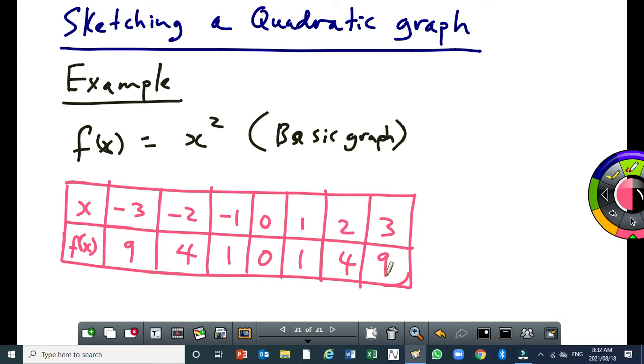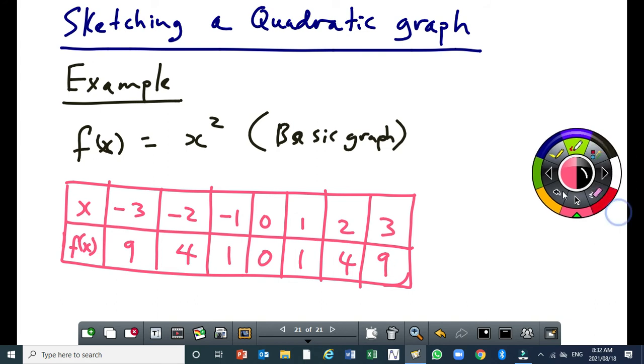Okay, so I'm sketching the basic graph here. Right, then let me move on to the next page. Your calculator can give you this table. And then you just draw your Cartesian plane, you calibrate it, you plot the points, join the points, and then you're done. So I'm going to do that on the next page.